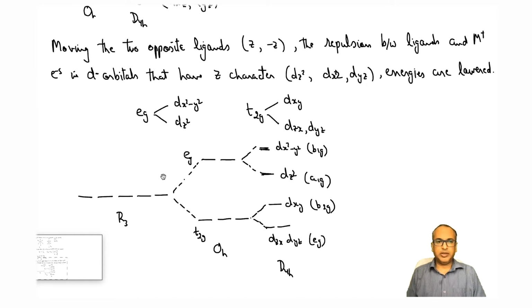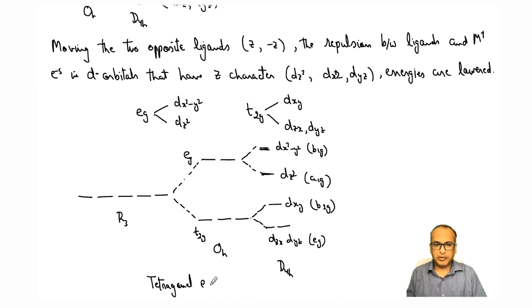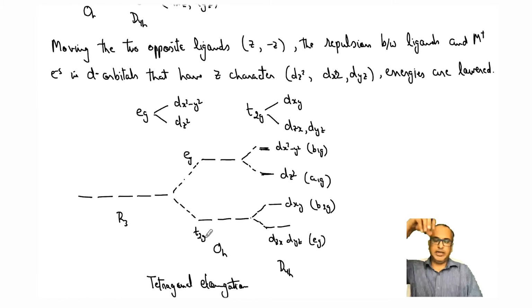Okay. So, and what is this case? This case is tetragonal elongation. Elongation because now the two Z ligands are actually taken apart, and hence that lowers the repulsion between orbitals containing Z character and the ligand orbital.